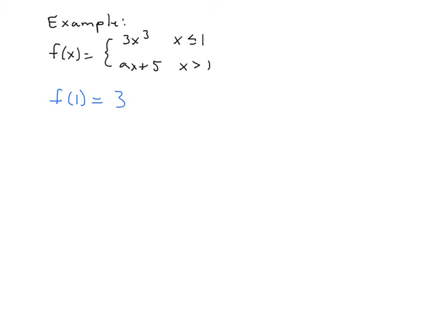Now the other part is the part that's going to help us out the most. We know that the limit must exist. In order to be continuous, the limit as x approaches 1 from the left of f of x must equal the limit as x approaches 1 from the right of f of x.